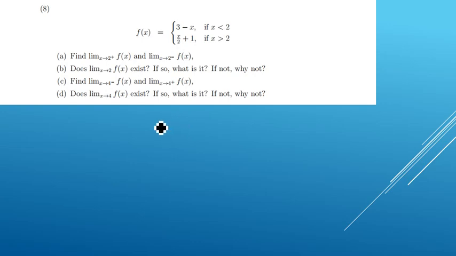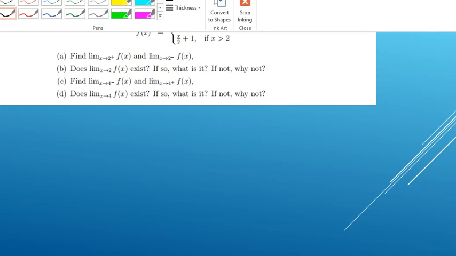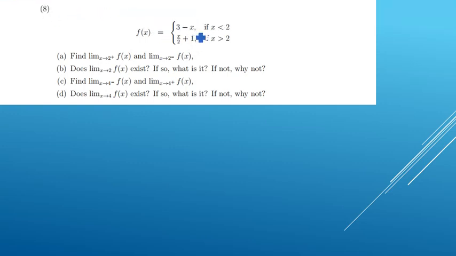We have been given this function f of x, and we have been told that this is the expression 3 minus x, where the condition is simply x must be less than 2.